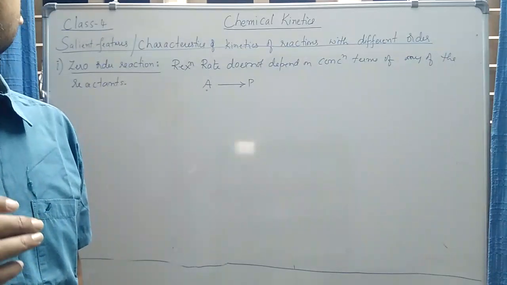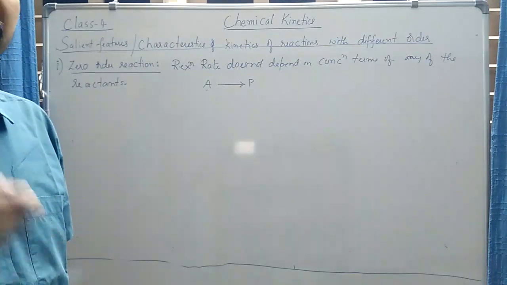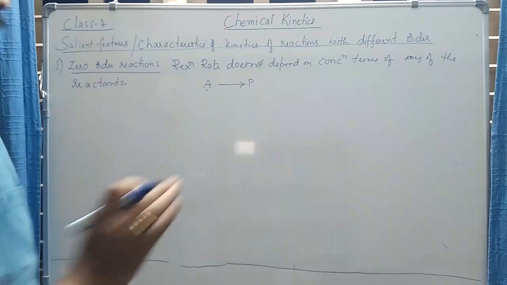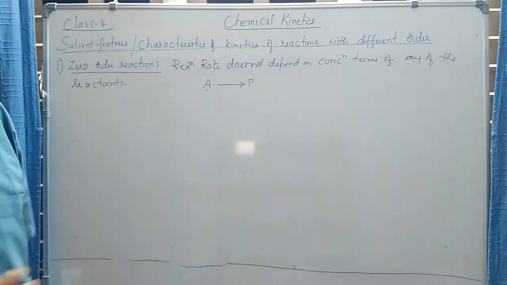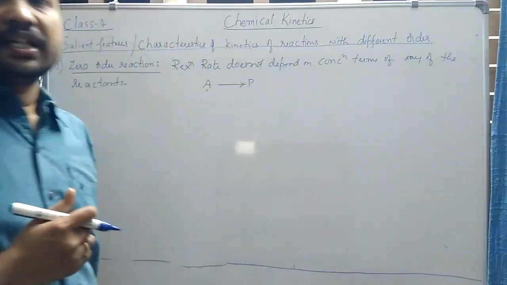So in such a case, since the rate determining step does not depend on the original reactant, the rate of the reaction does not depend on the concentration of the reactant.